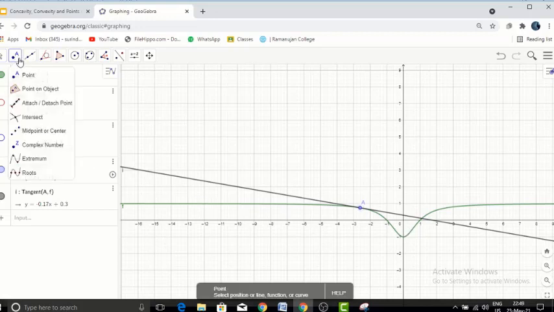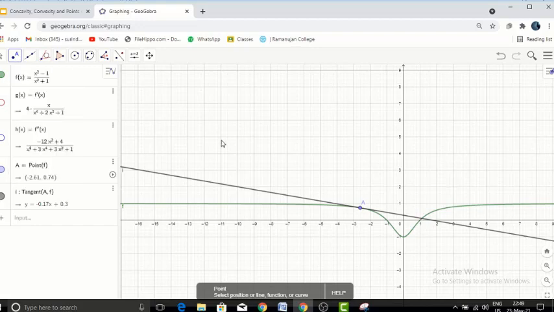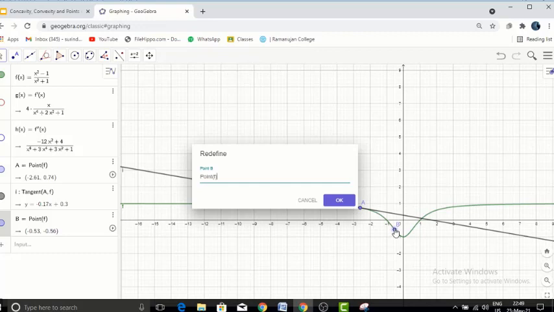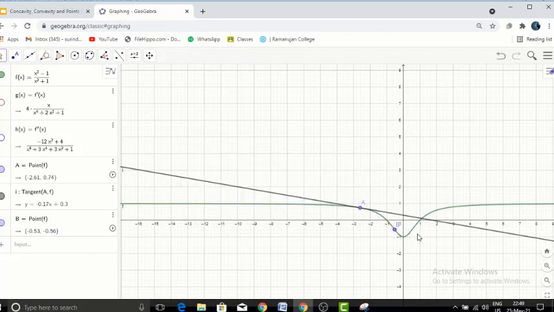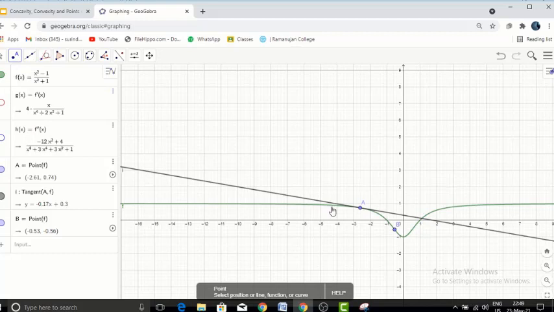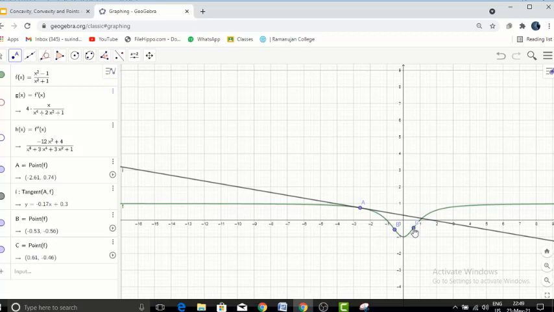Let us draw the points. Nearly here is the point minus 1 by root 3, and nearly here is the point 1 by under root 3.